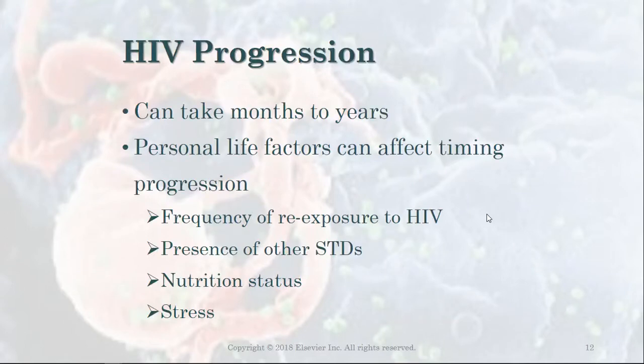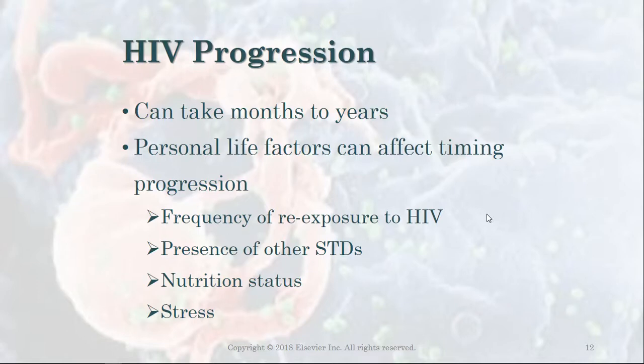HIV progression can take months to years. There are personal life factors that can affect the timing of the progression. So the frequency of re-exposure, the presence of other STDs, their nutritional status, and their lifestyle stress. Other health problems that are present can also influence the progression of HIV.